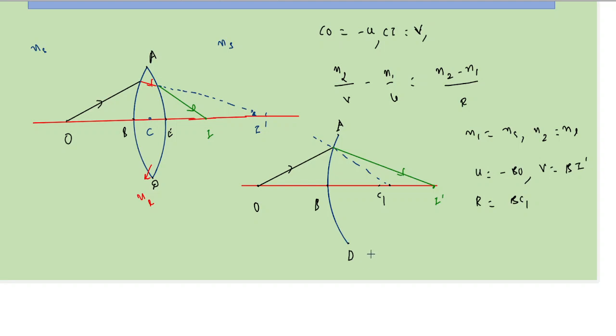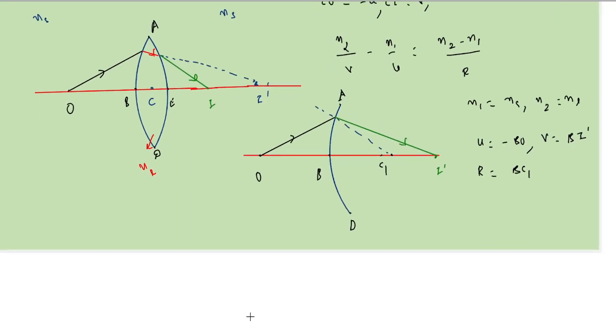Putting it back in the spherical refractive surface formula, what we get would be N2, which is NL for lens, by V here is BI dash, minus N1 which is NS for surrounding medium by minus BO, that is equal to NL minus NS by R in this case is BC1.